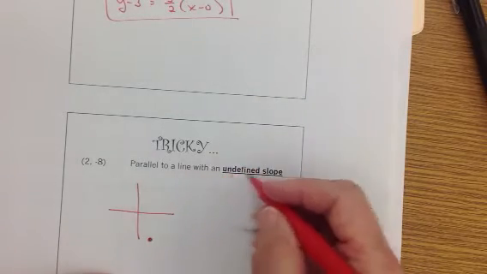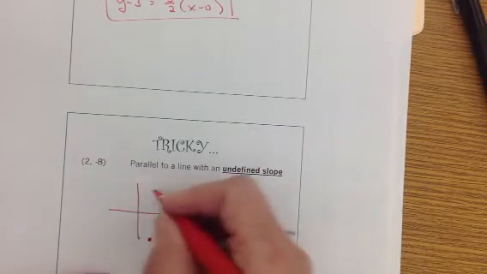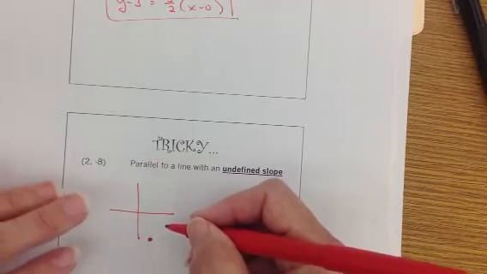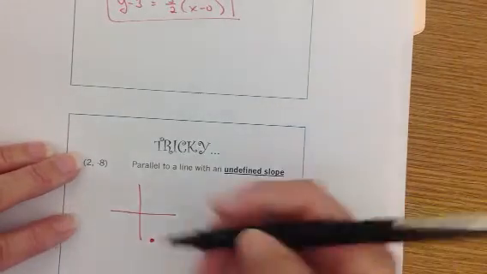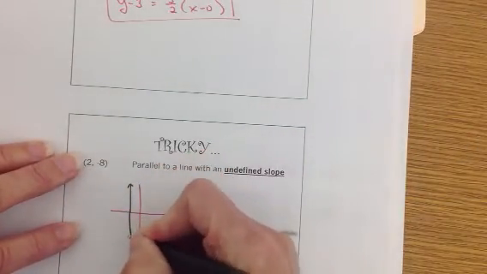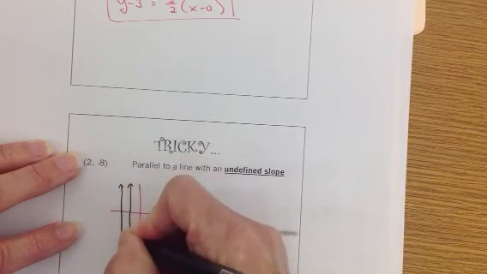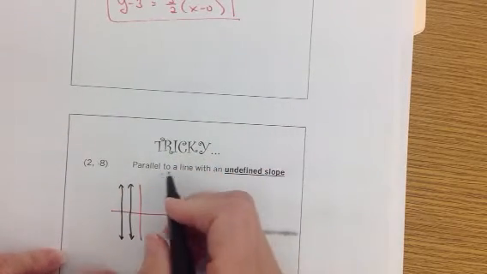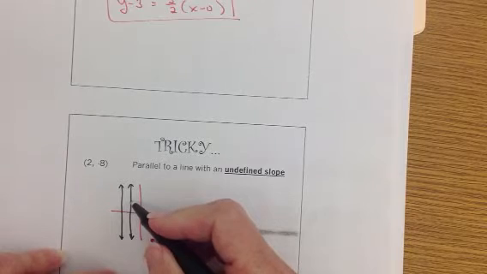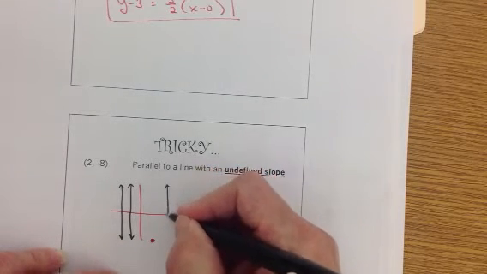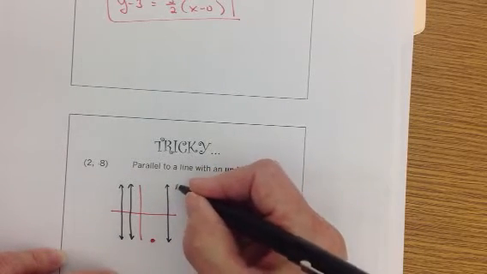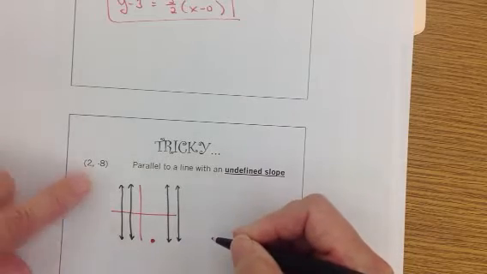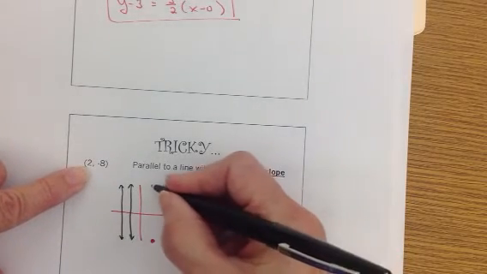Undefined slopes are the horizontal or the vertical ones? They are the vertical ones. So these are my vertical lines, and I want a line that's parallel to this. These all have undefined slopes, but I want it to go through this point.